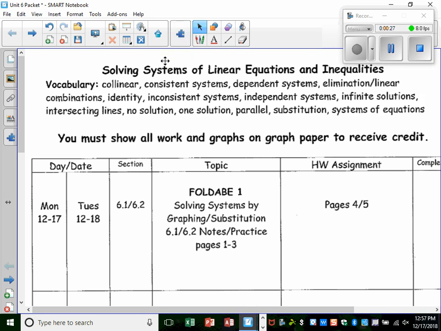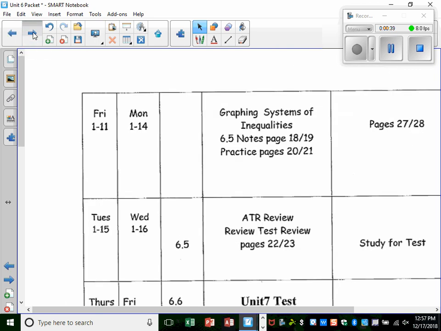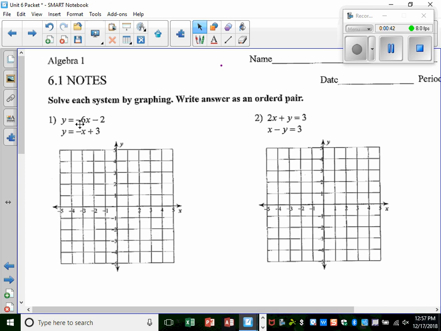So the newest term is the system itself. When it says systems, that means you're going to have more than one equation at a time. When we go to page 1, you're going to see 2 equations that you're going to have to graph on the same coordinate plane. We call this a system because it's more than just graphing one equation.